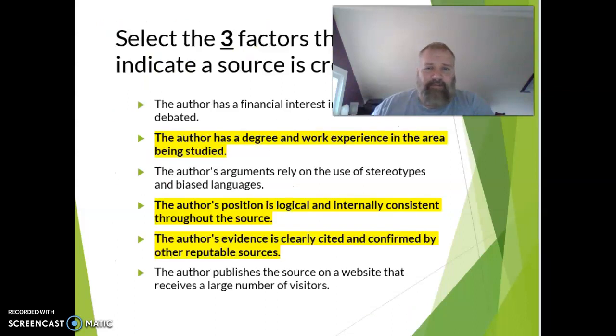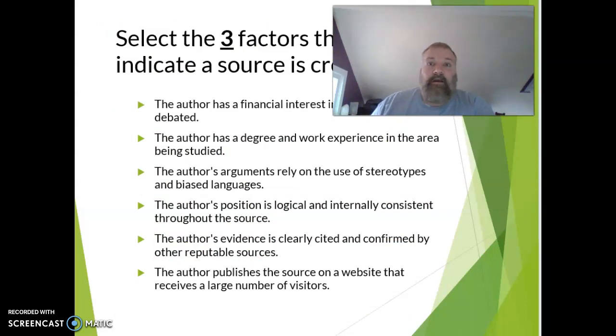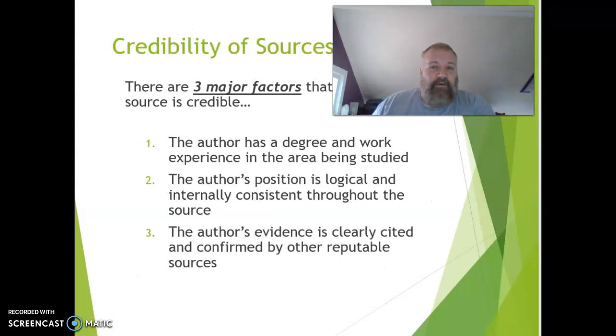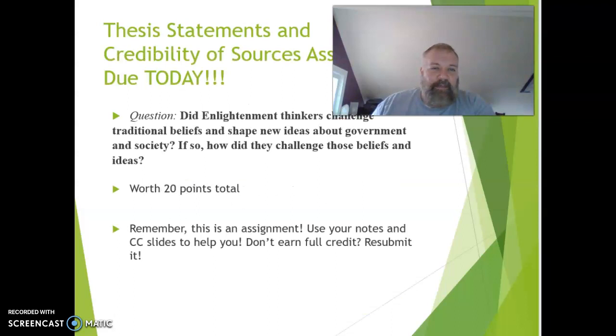There's no minimum amount of words for this thesis statement sentence. I do want you to keep it short if you can. So please don't submit two paragraphs. However long, it should be basically a sentence.